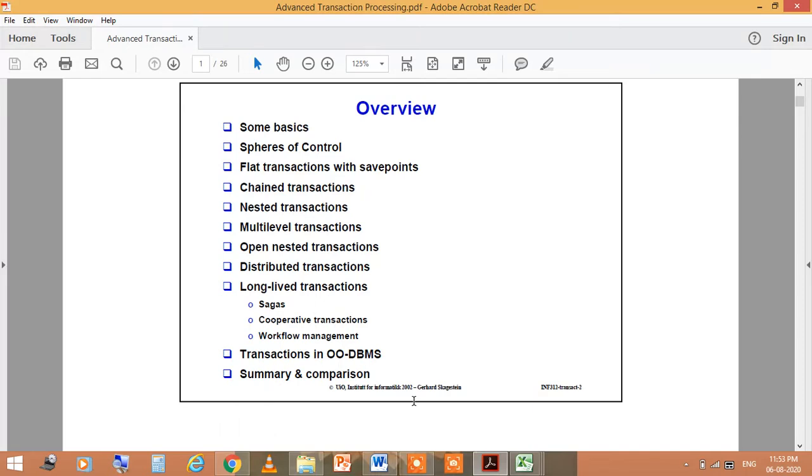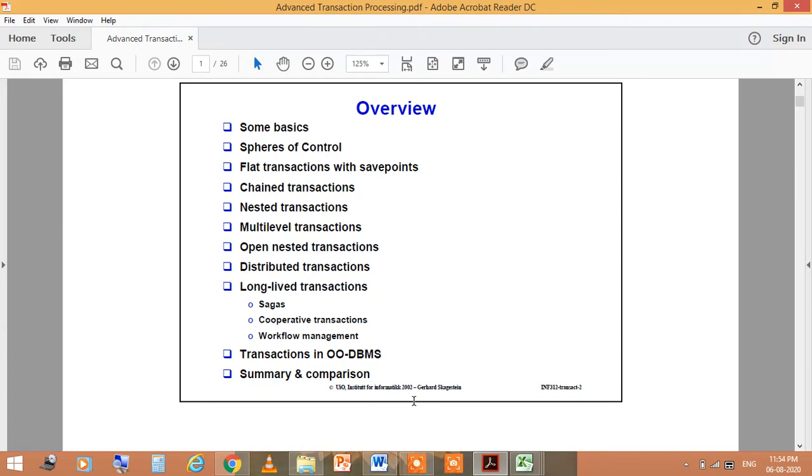Now let's start. This is the overview of today's session. I'll cover some basics of advanced transaction processing, spheres of control, flat transactions with save points, chain transactions, nested transactions, multi-level transactions, open nested transactions, distributed transactions, long-lived transactions.